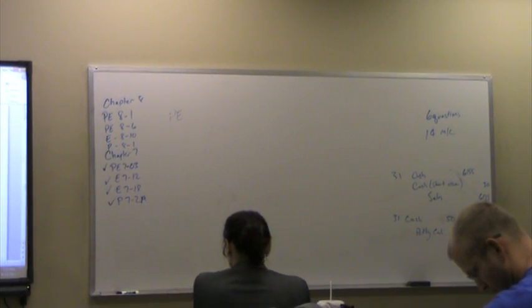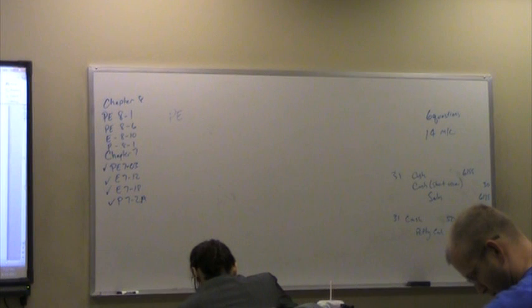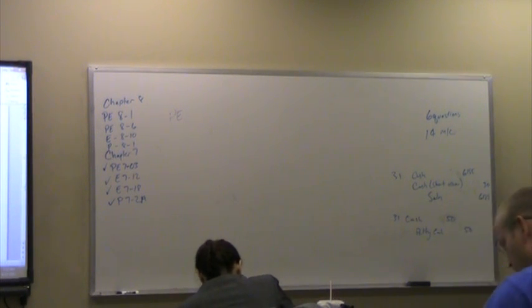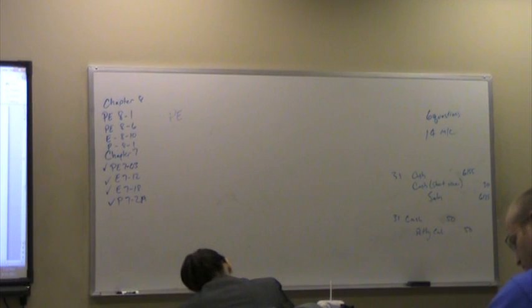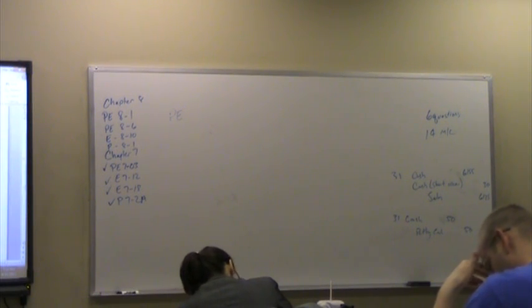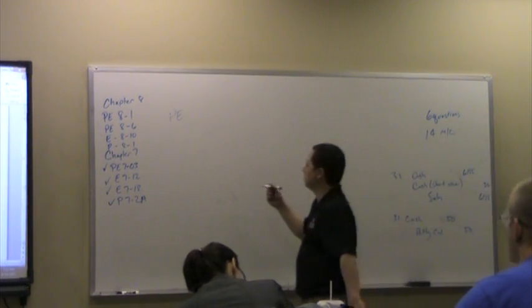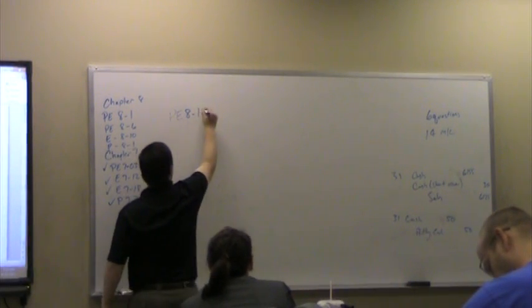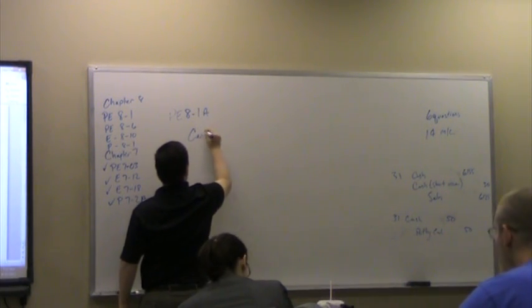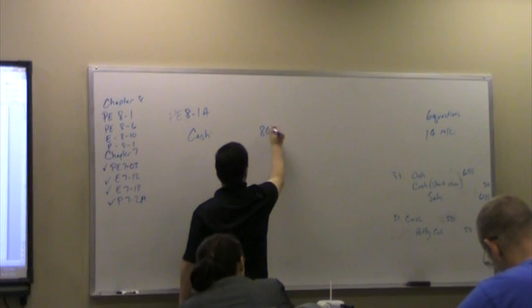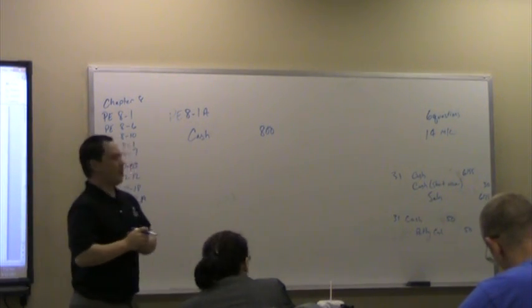So cash. Yes, cash, because remember we received cash in for this. That was what the first part of the statement said. We received cash in, so we're going to do cash. So we have cash, and we received $800. That's right. Then what do we have?